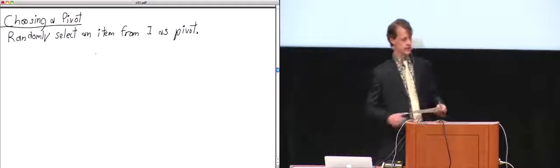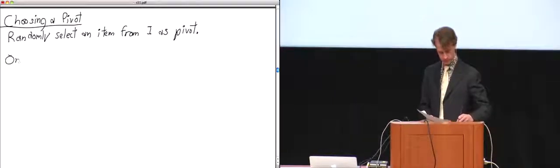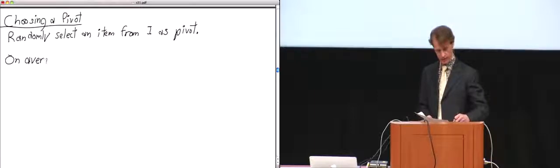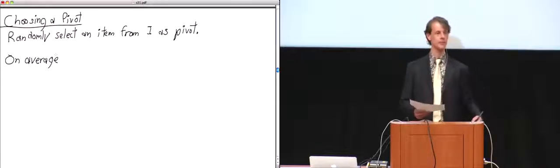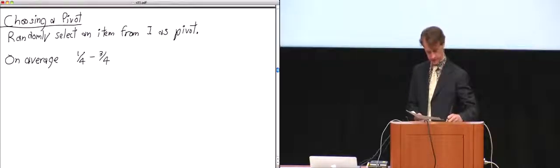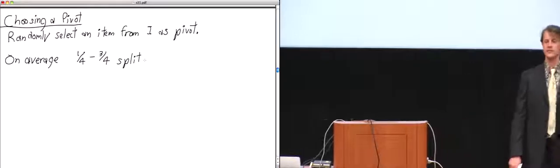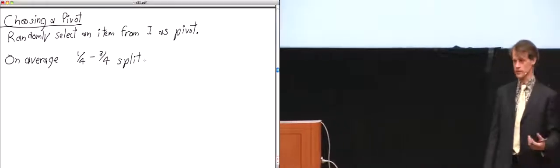But the important thing to understand for now is that on average, and I'm using that term loosely, I'm not being mathematically precise here, you can expect a 1/4, 3/4 split. Now, you cannot expect to get a perfect 50-50 split like you can get in merge sort.